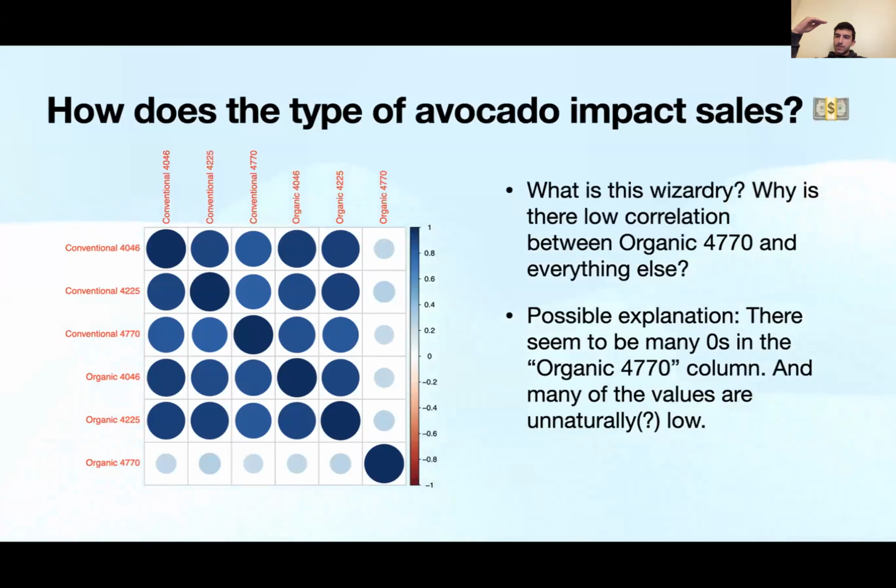It goes from 10,000 or 100,000 down to data points that have like 0 or 10 or 5, whereas all the other avocados are consistently around the 10,000 to 100,000 range. So it's possibly a data collection error, but they're probably all highly correlated with each other. It's just that the data might have been collected poorly.